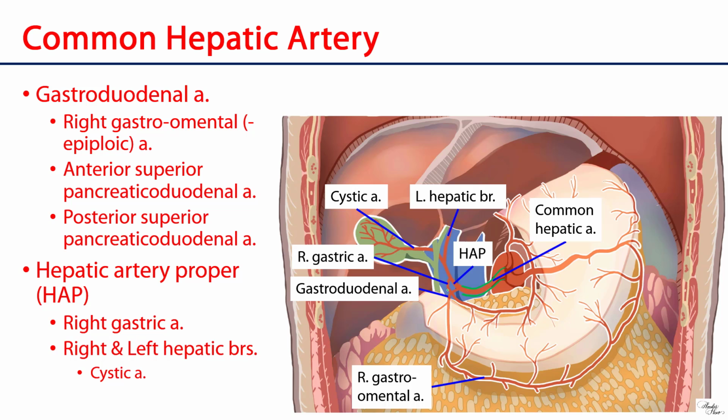It consists of two major branches, the gastroduodenal, so gastro-stomach, duodenal-duodenum, and the hepatic artery proper, or HAP for short. So here we can see the hepatic artery proper taking a more superior course, whereas the gastroduodenal is going to take more of an inferior course.